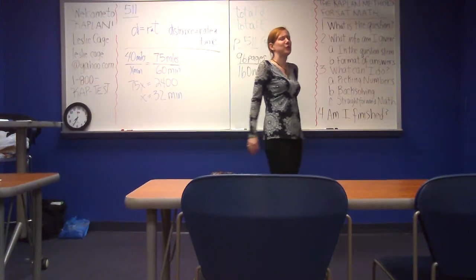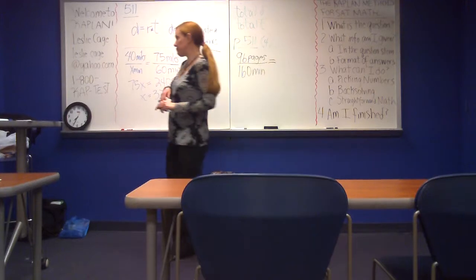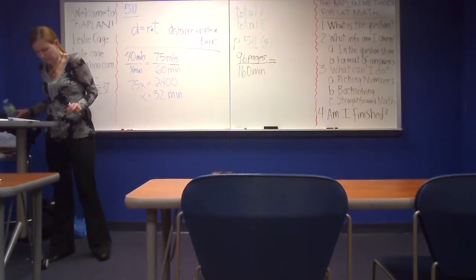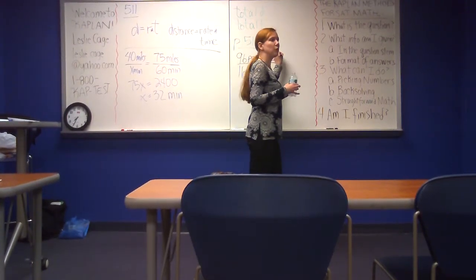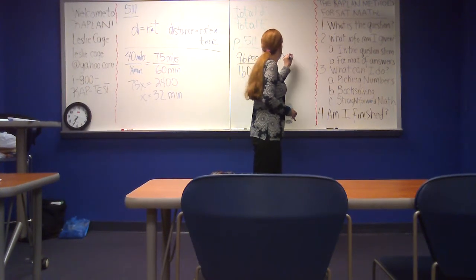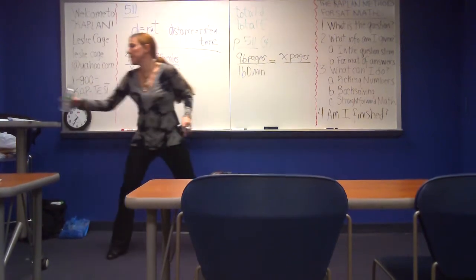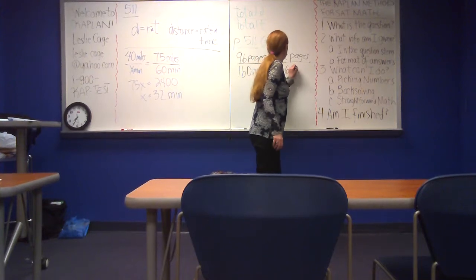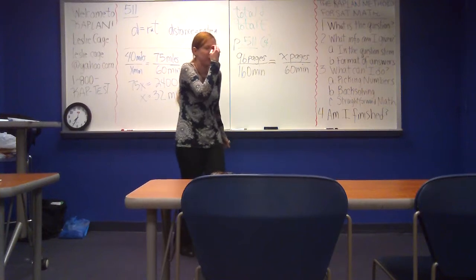All right, and what does that equal to? 96. What do we put on the other side of the proportion? X over 60. Wonderful. Good job, Isaiah. Now, what are we going to do? Take us home, Isaiah, since you're working so well on this.